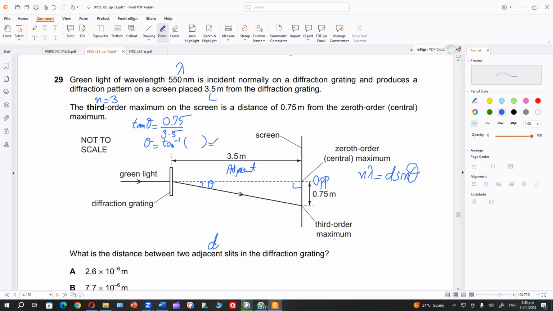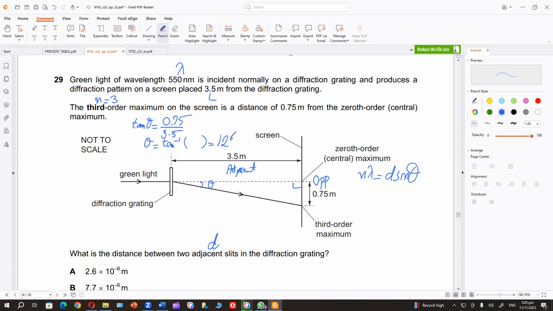Help me to find the angle. It will be 12. Angle is 12.